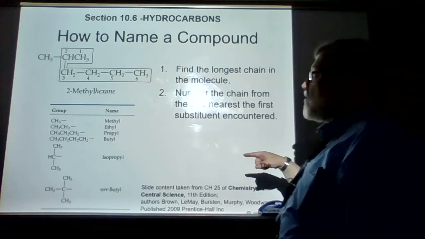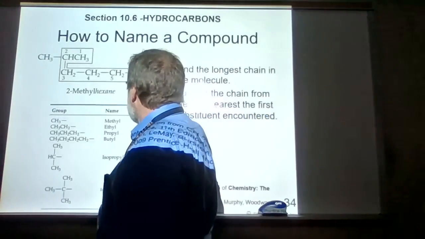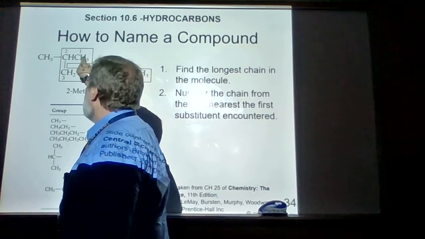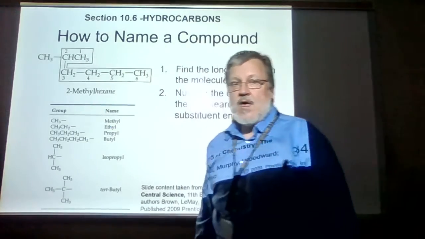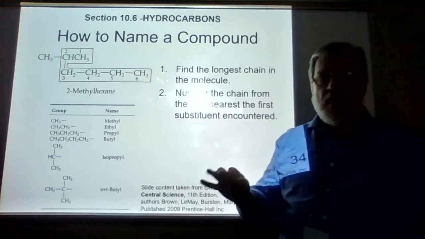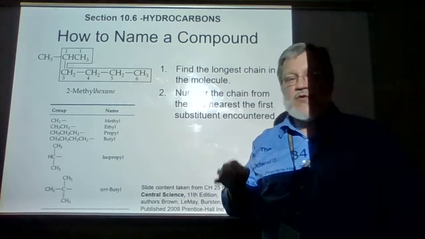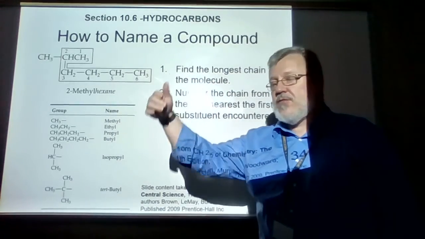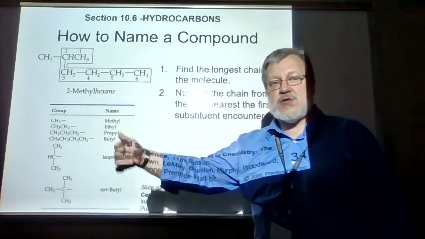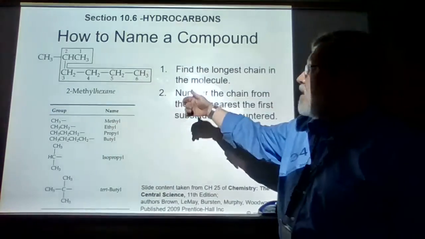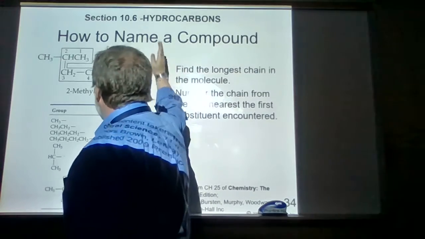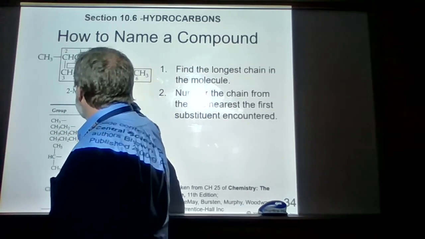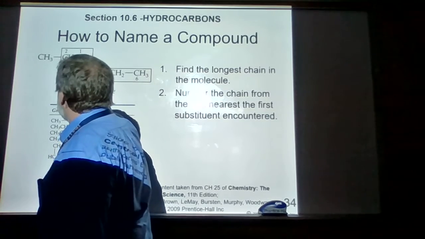Then we say, okay, do we number from here 1, 2, 3, 4, 5, 6, or from here 1, 2, 3, 4, 5, 6? That depends upon what pieces of spinach, or substituents, what do you have hanging off at various positions of carbons along your chain. If we number from this direction, this is C1, 2, 3, 4, 5.